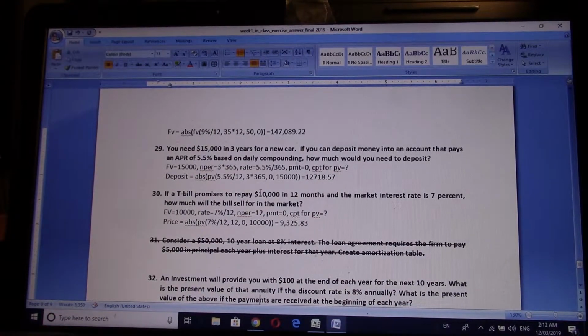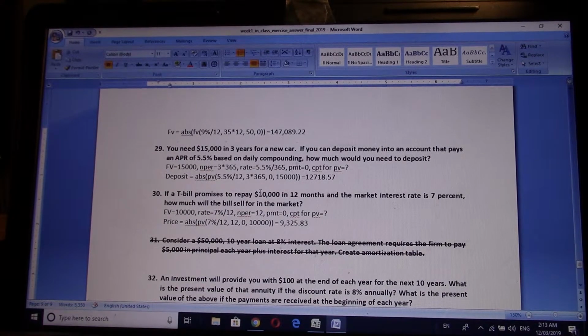Okay, so APR is 5.5%, so rate should be 5.5% divided by 365 here. So you make one deposit now, so you compute for the present value of this $15,000 car payment 3 years from now. Now NPER is 3 years, but how many days? So 3 multiplied by 365, that is the NPER here.